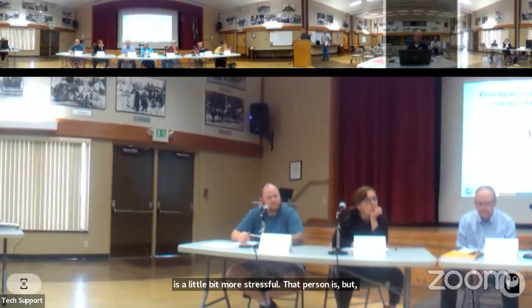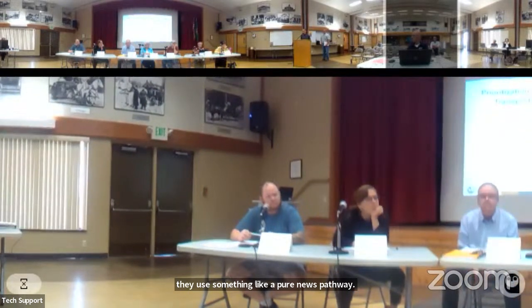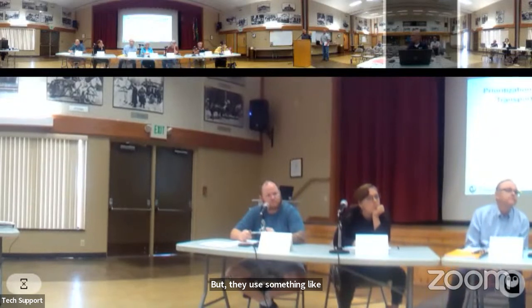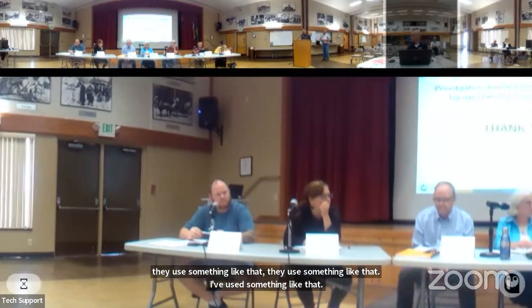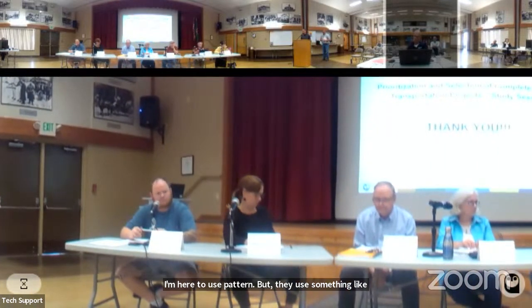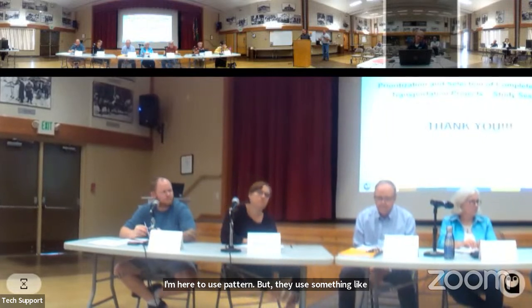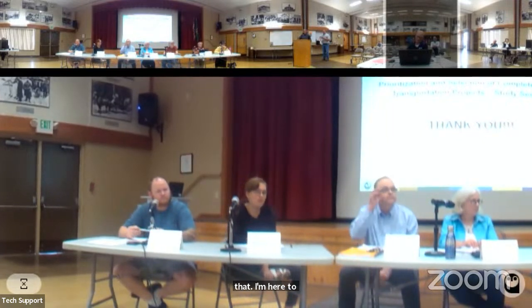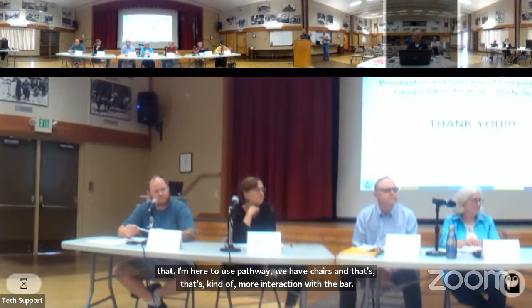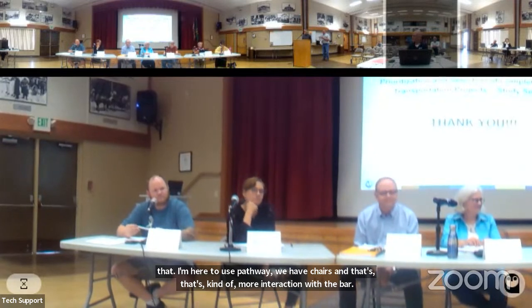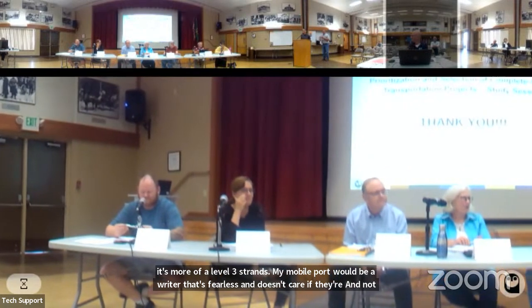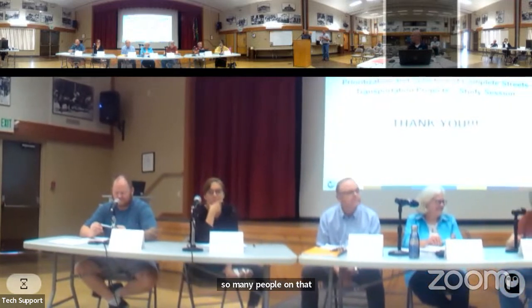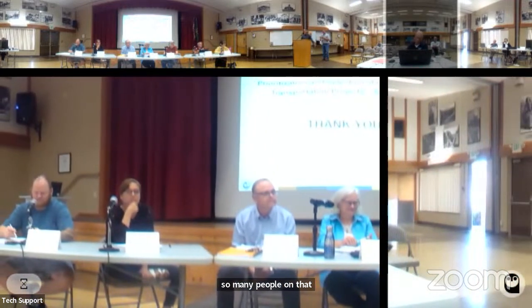So it's more of a level 3 stress. And level 4 would be a rider that's fearless and doesn't care. They're going to go anywhere no matter what, so really they don't need a facility. You don't see too many people on that level 4. It's like South Canyon Road.